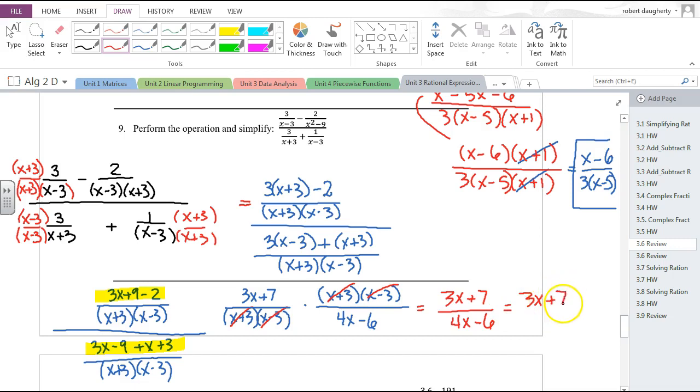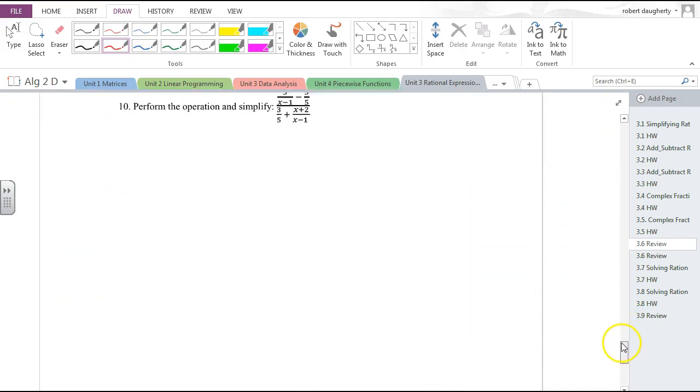If I factor out a 2, I get 2 times 2x minus 3. Either of these answers would be good, but there's no further simplification from there. So it's a lot of arithmetic, common denominators, simplifying, and factoring, and you've got to keep a lot straight to make sure you get there with no mistakes.